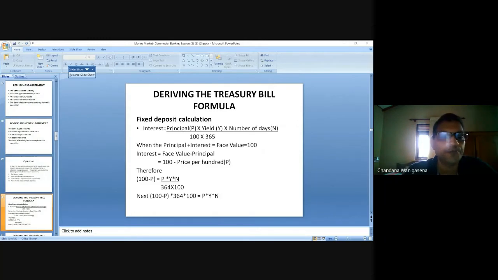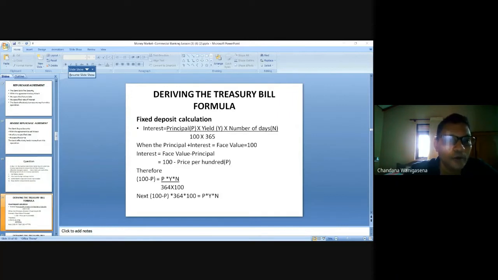So with this, now we have one formula for interest, which is how we calculate interest for a fixed deposit. In the first formula we have interest, and here also we have interest.